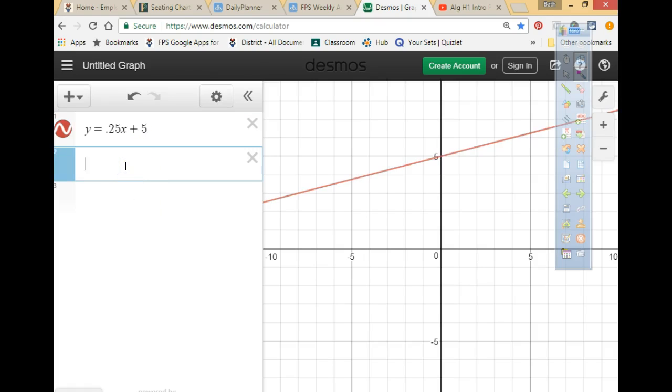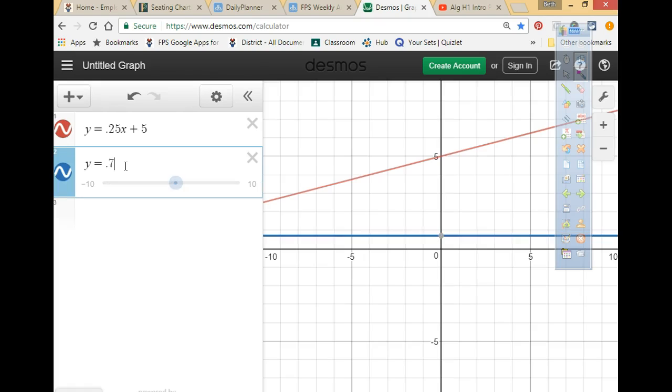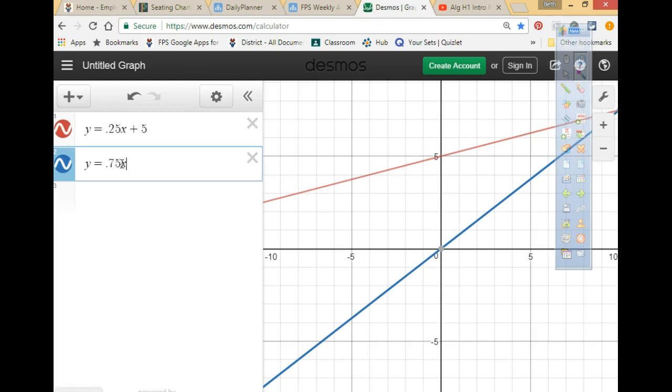And you're going to put your second equation in. They both have positive slopes. Y equals our 0.75x. Click on out in front so that it's on, right? Make sure you have it on.